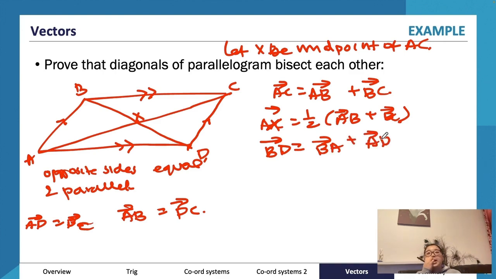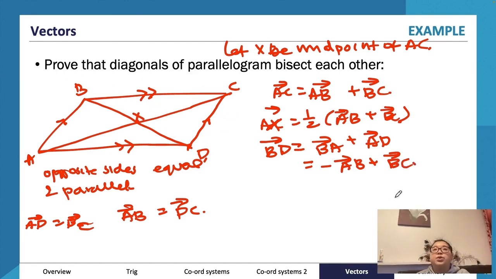We want to make these all equivalent to each other so that it's easier for us. So rather than AD, we can replace that with BC because AD was equivalent to BC. So essentially it's going to be negative AB plus BC, in order to get this diagonal here.